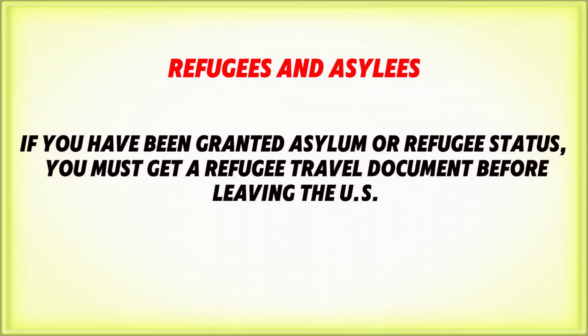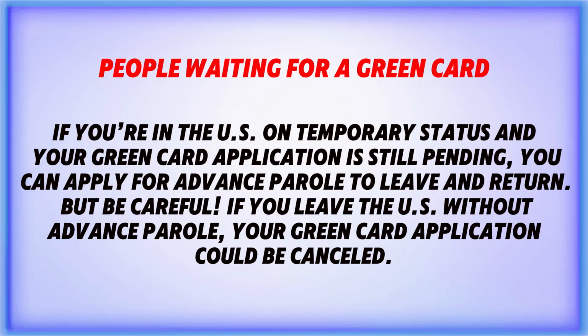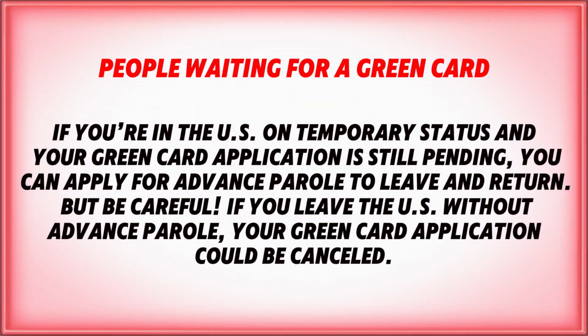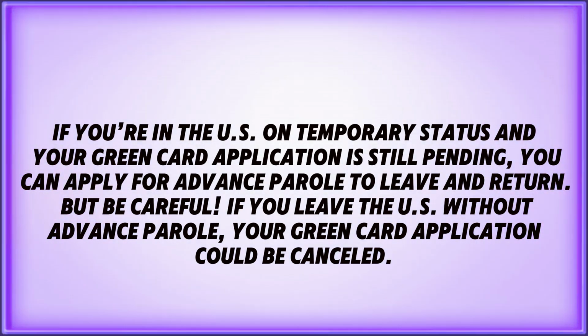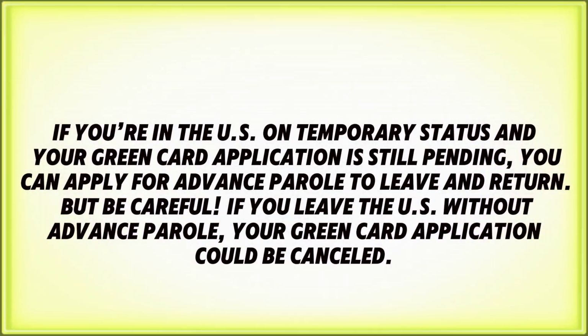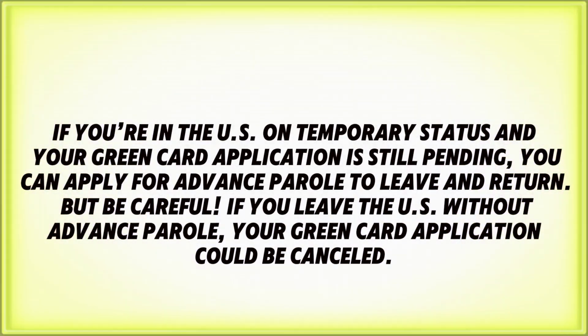If you have been granted asylum or refugee status, you must get a refugee travel document before leaving the U.S. The third group is people who are waiting for a green card. So if you are in the U.S. on temporary status and your green card application is still pending, you must apply for advance parole to leave and return. But be careful, if you leave the U.S. without advance parole, your green card application could be canceled.